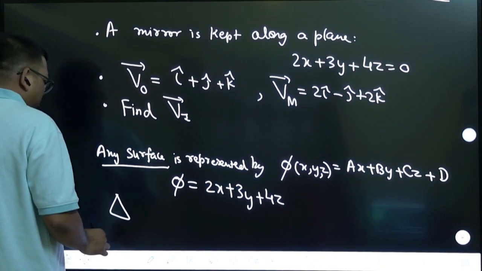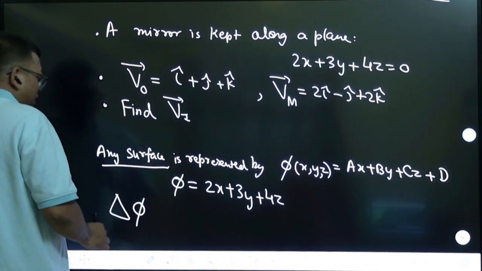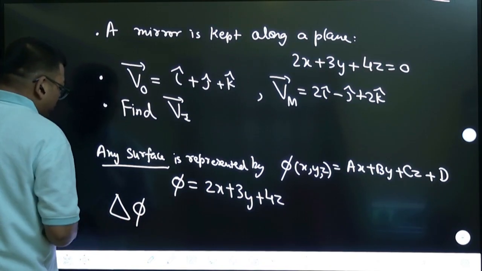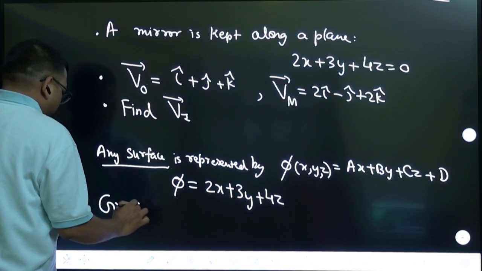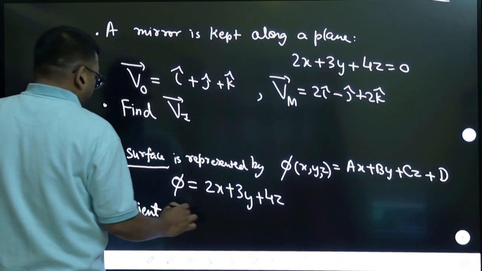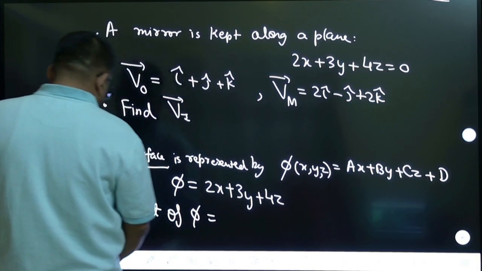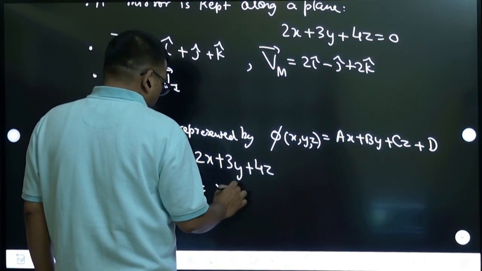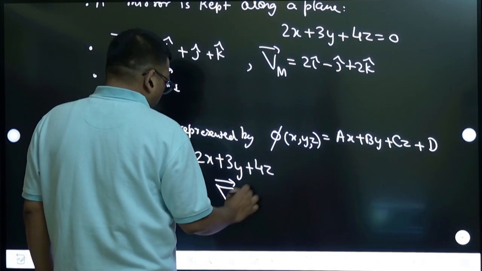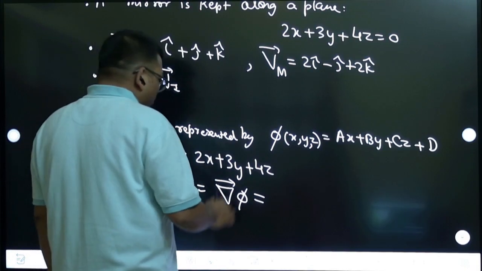del of phi, the del vector, also known as the gradient of phi. When you calculate del, I think you know this operator.